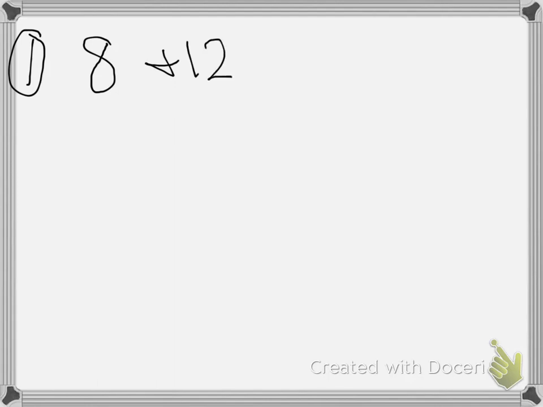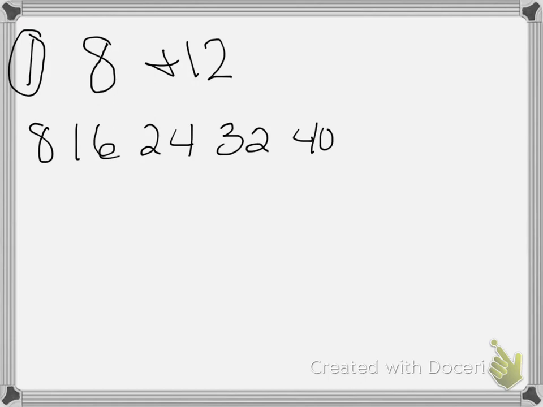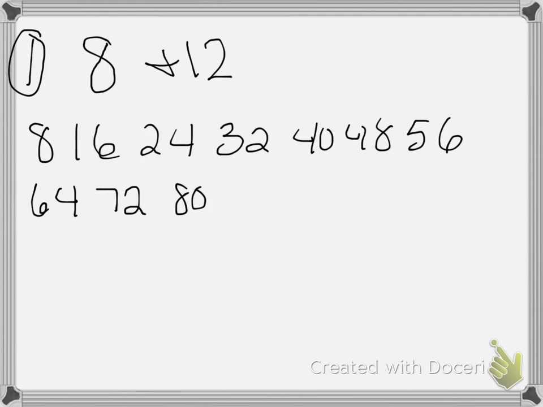So if I list my multiples of 8: 8, 16, 24, 32, 40, 48, 56, 64, 72, 80, 88, 96.